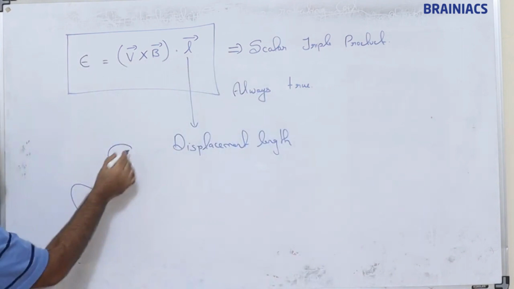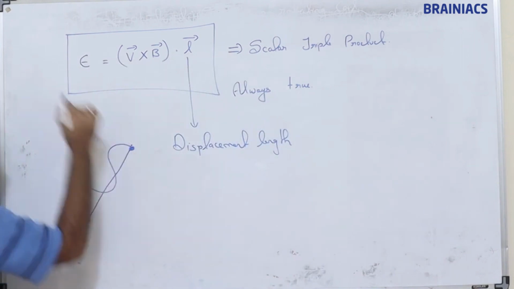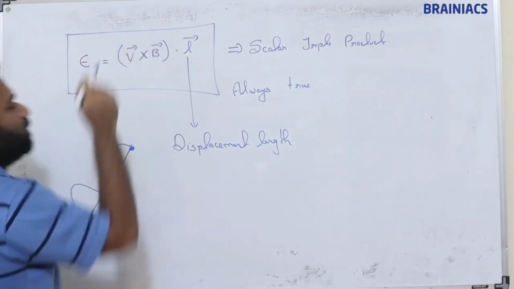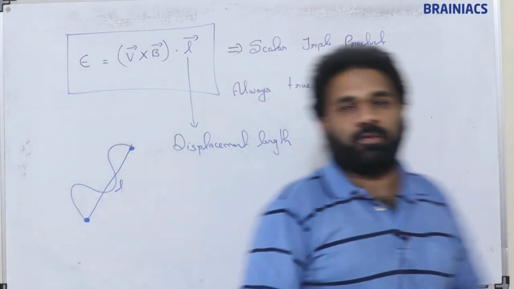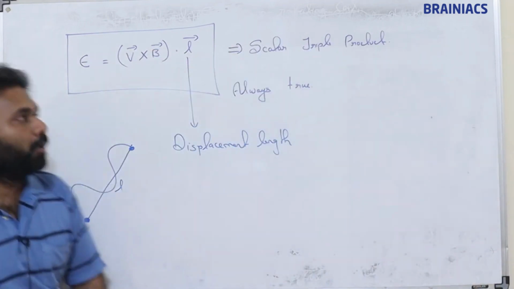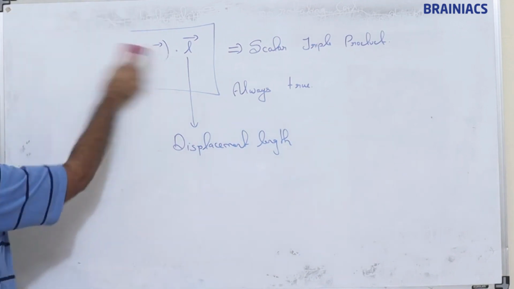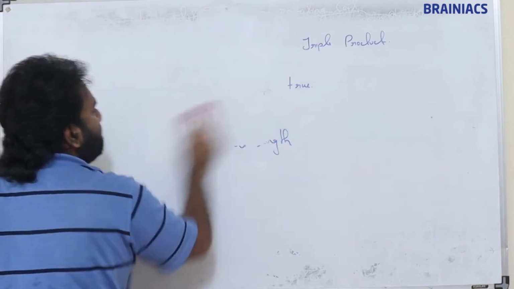Which length do we need to take? This length we need to take. So this displacement length is what we need to consider for this. Clear? Done? Understood? And the right hand palm rule, you know how to take the direction. Clear?